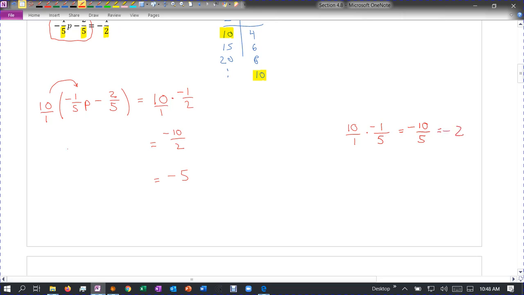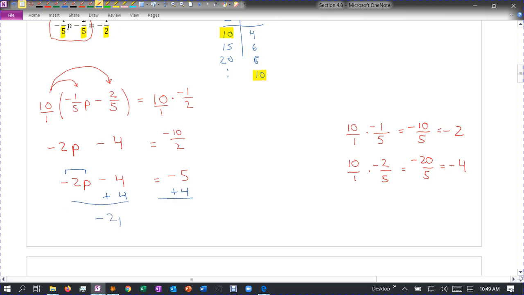So we're going to get negative 2p, don't forget the p, and then here to here, we're going to do 10 over 1 times negative 2 over 5, which is negative 20 over 5, which is negative 4. So we get negative 4 there, or minus 4. And let me just write that next line down right here. And now we're back to a nice equation with no fractions. So I'm going to isolate the 2p by adding 4 to both sides.